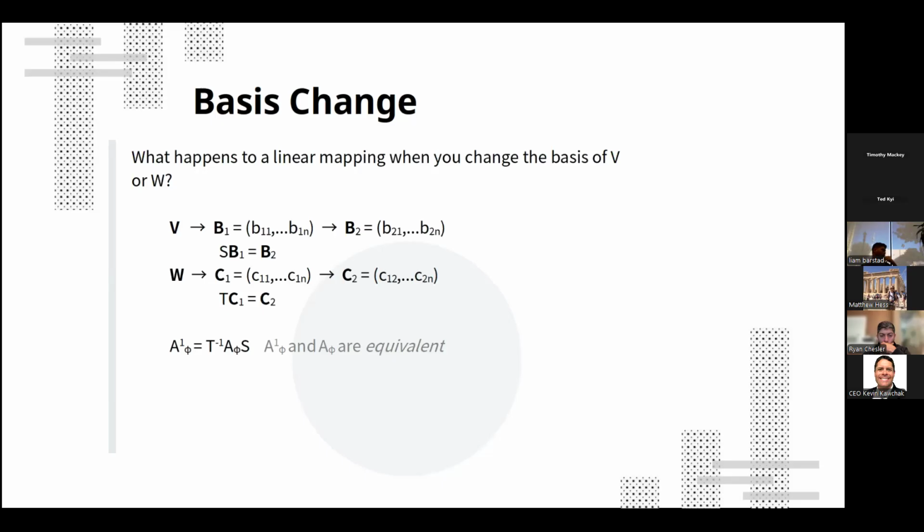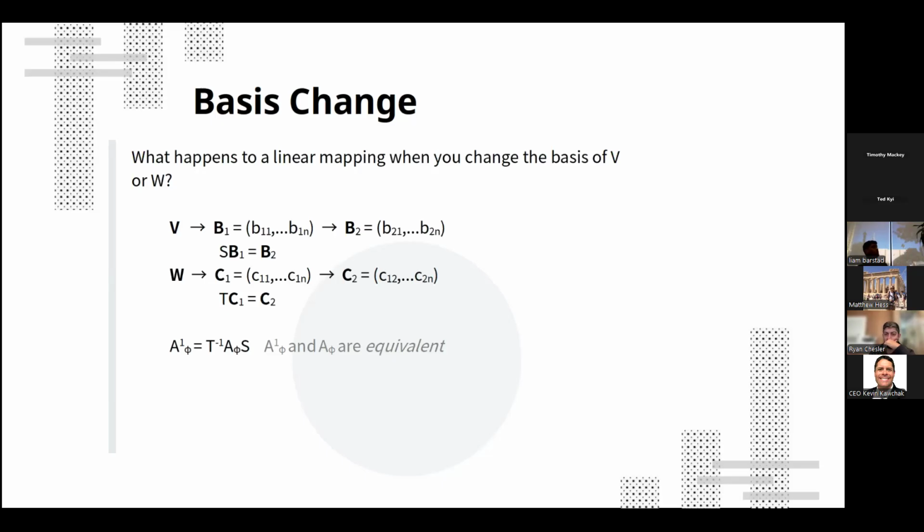We can think of it like this. If A1 is the new transformation matrix, which describes this linear mapping, and A is the old one, then we can take the inverse of T and multiply it by A and S. The way you can think about that is because T is the output, it can go on the other side of the equation.